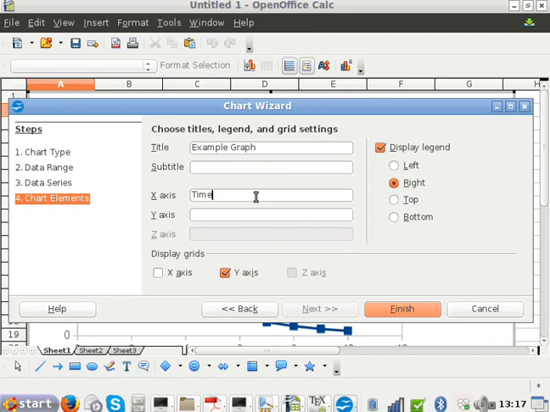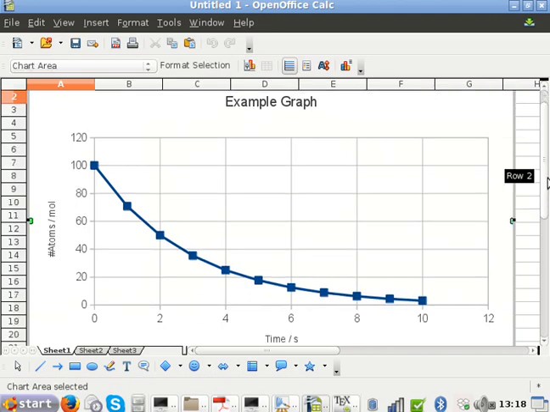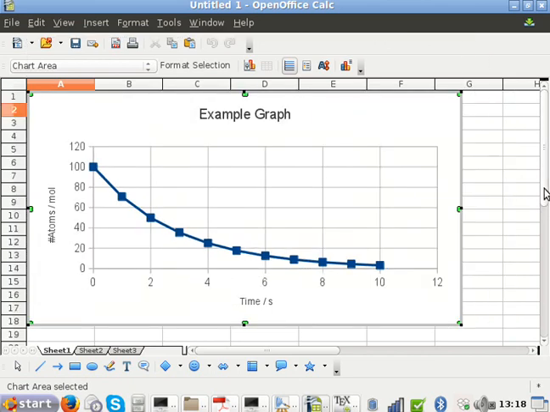The time, and the unit is seconds. And on the y-axis is the number of atoms, the N, and I'm using moles here. Okay. And this is what the graph looks like. Let me just make it a little bit smaller. So you see it has this nice decreasing shape to it.